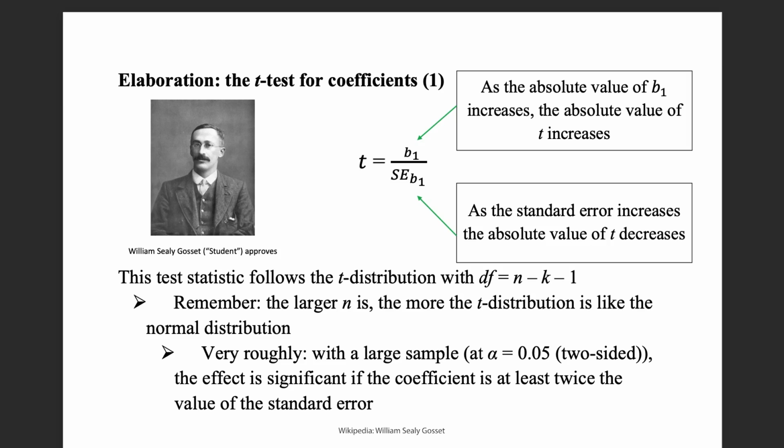Why at least twice? Because if it's a large sample, then we can basically think of the ratio of coefficient to standard error as following a normal distribution, because then the t-distribution and normal distribution look just about the same. And for the normal distribution, we know exactly what the different values would be and the associated p-values.